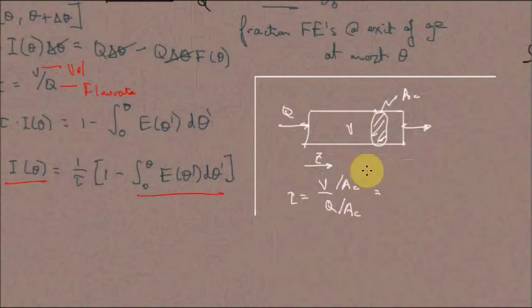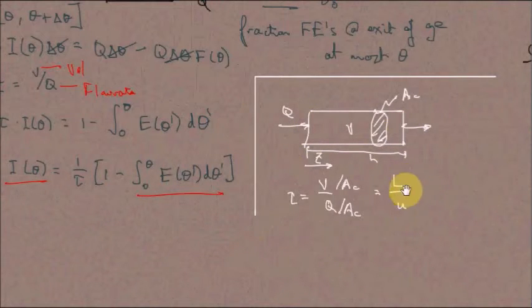So if we do that, the volume divided by the cross-sectional area must be the length L. So that's L over, and then the volumetric flow rate divided by the cross-sectional area must be the linear velocity. So this is length over velocity, so that must be the time taken, right?